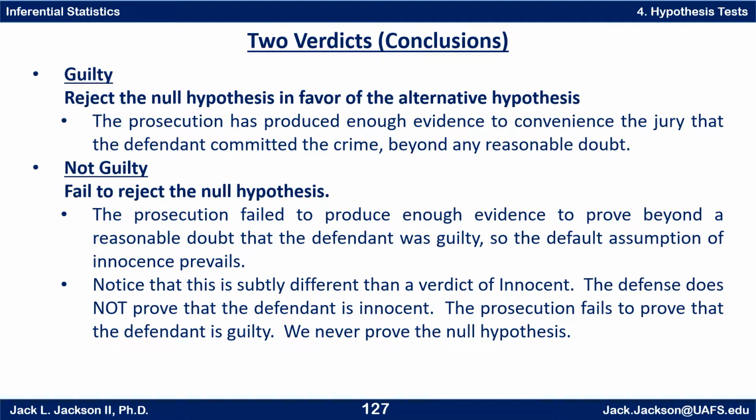So even when we fail to reject the null hypothesis, we're not saying there's not any evidence that the alternative hypothesis might be true. It's just not strong enough that we feel strong enough about making that conclusion. So even when a not guilty verdict is rendered, it might be that the prosecution provided some evidence that looked like, well, maybe they might be guilty, but if they can't provide enough to convince the jury, then they didn't provide enough evidence and a not guilty verdict is returned.